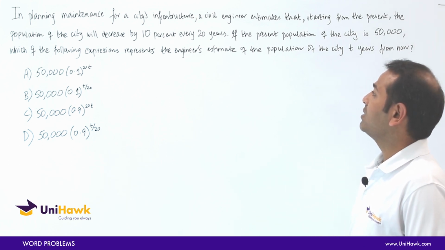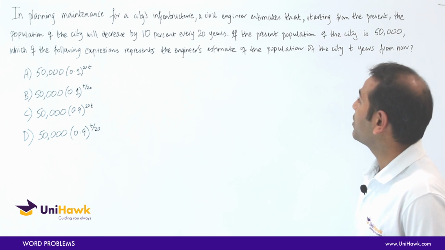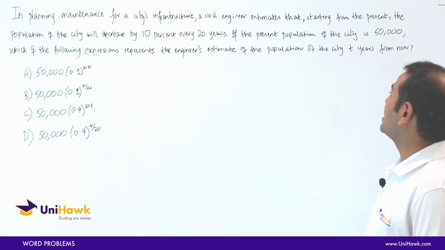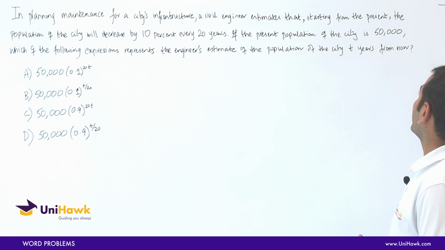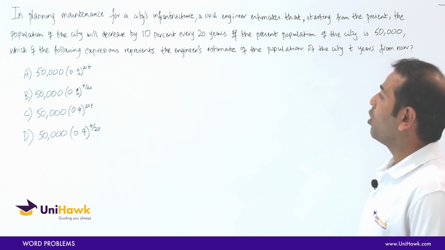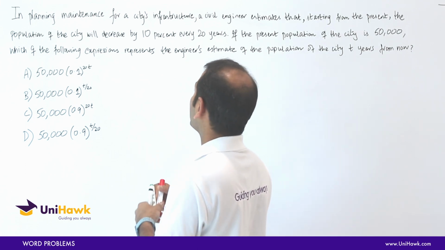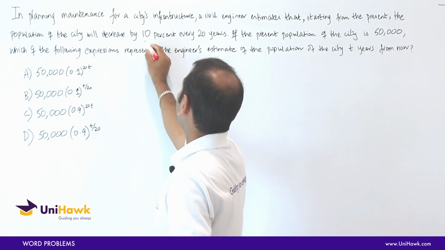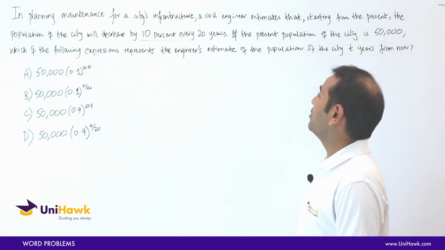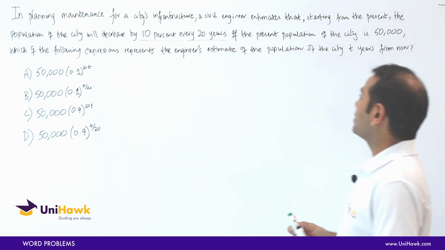In planning maintenance for a city's infrastructure, a civil engineer estimates that starting from the present, the population of the city will decrease by 10%. So here this is important. It is decreasing by what? 10% every 20 years.